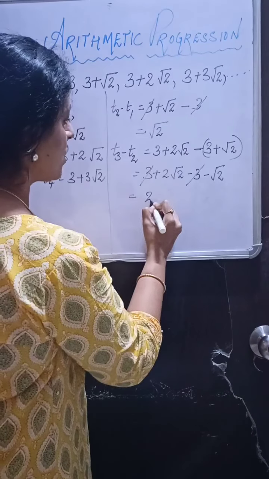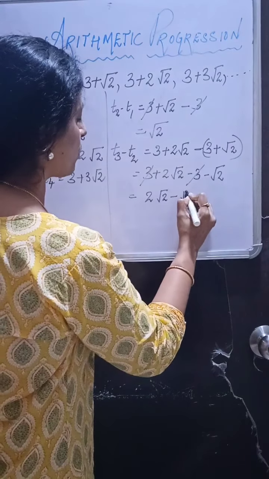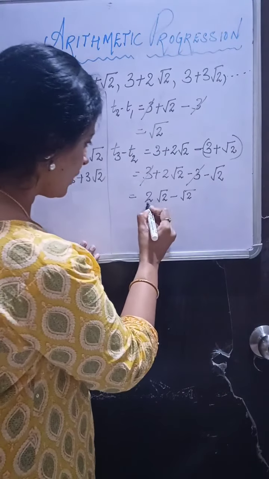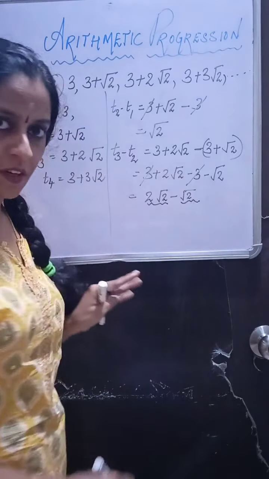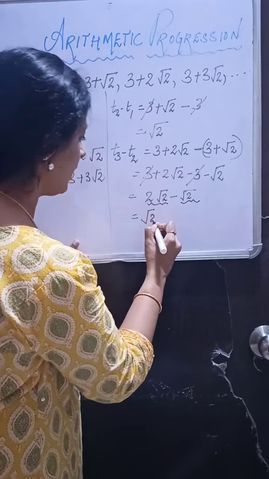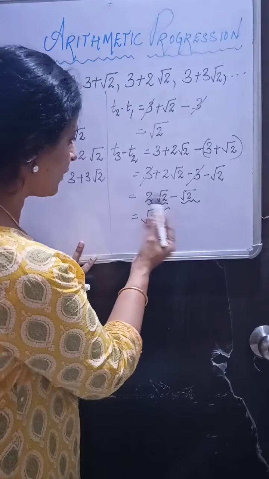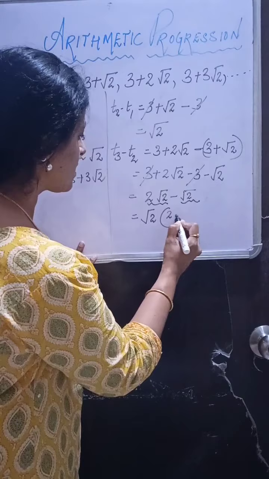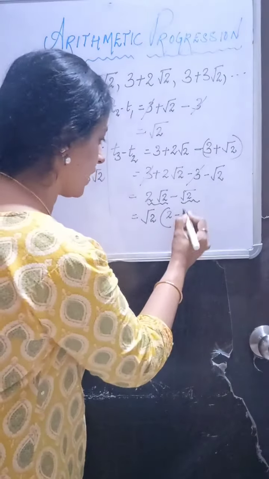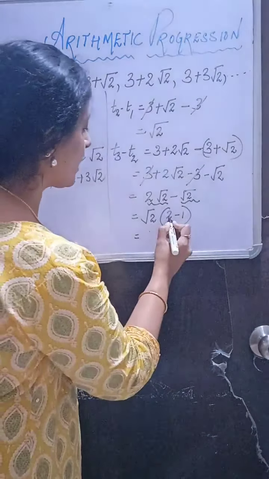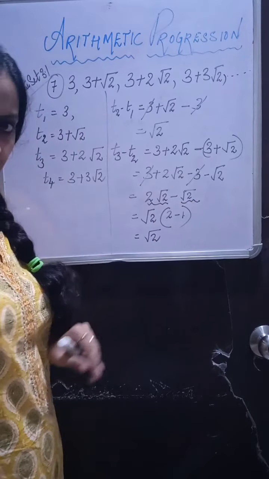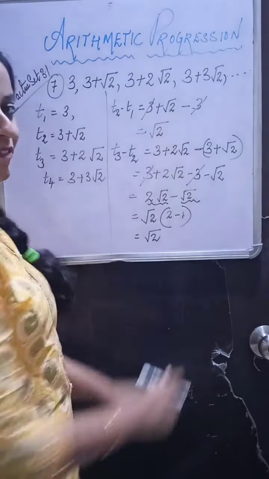What you are getting is 2 root 2 minus root 2. This is one term, this is another term. What will you take common? Root 2 is common in both. So I will take root 2 common. And what remains is, from the first term root 2 went, 2 remains, minus, the second term root 2 went, now no number means 1. So finally you are getting 2 minus 1, 1 root 2. 1 root 2 is nothing but root 2. So till now we are getting the common difference.